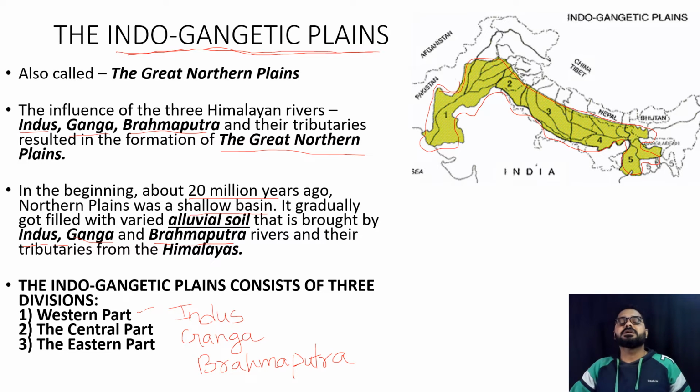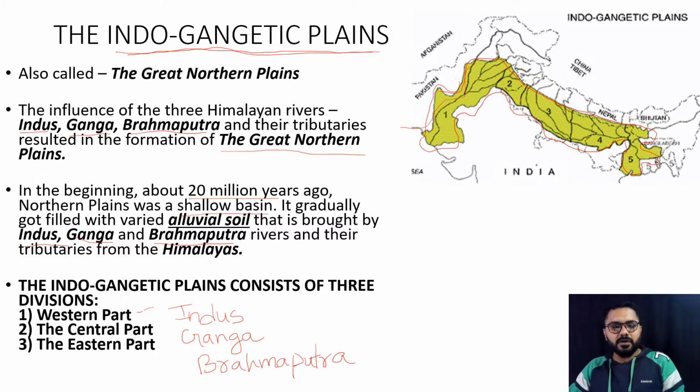Complete Uttar Pradesh comes under the Indo-Gangetic Plains, and you can also see regions of Bihar, West Bengal, Meghalaya, etc. Apart from this, some portion of the Indo-Gangetic Plains is also in Pakistan, and some parts in Nepal. But that is not what we are going to study. We are going to study the Indo-Gangetic Plains that are in India.